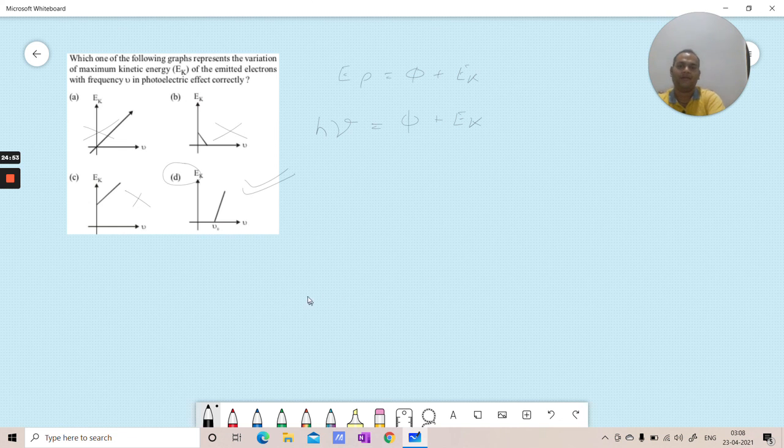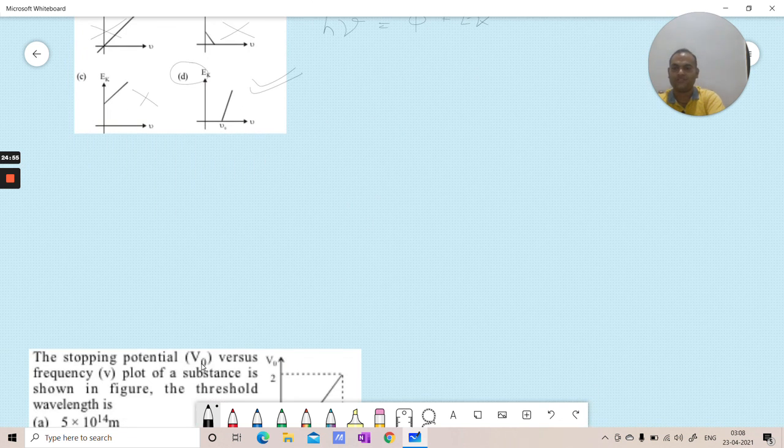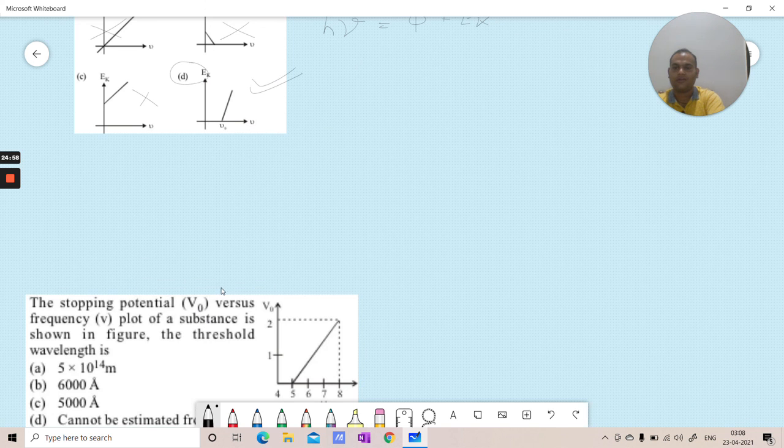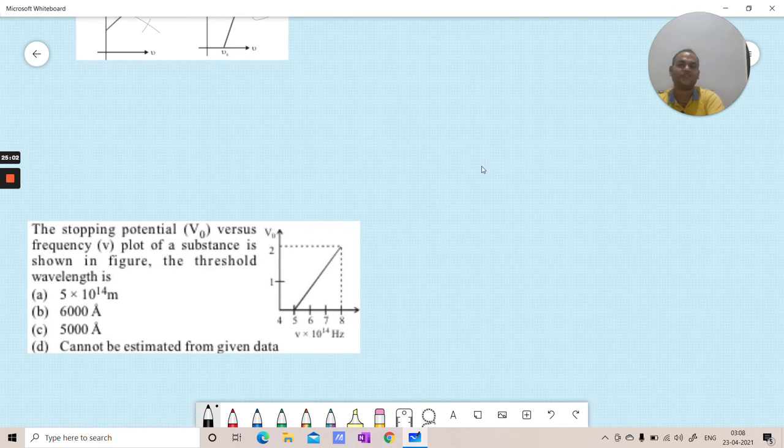So the last question for today is this one. The stopping potential versus frequency plot of a substance is shown in the figure. The threshold wavelength is, an important and nice question. It is given stopping potential V0 here, and frequency here.